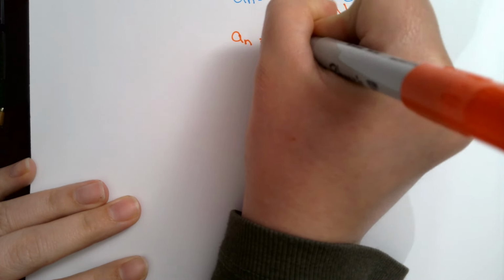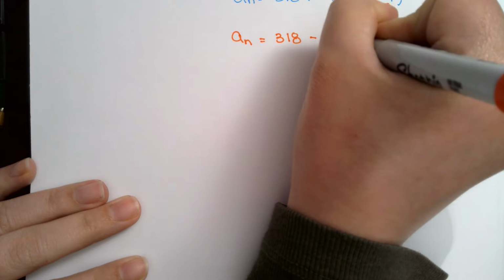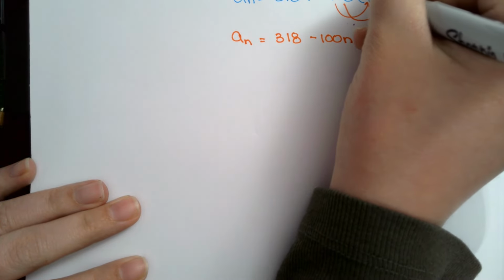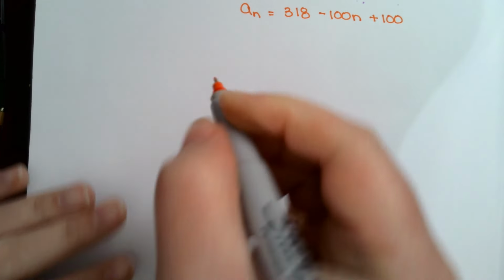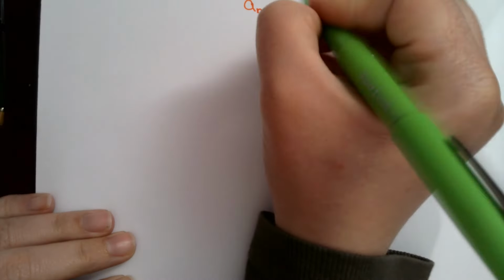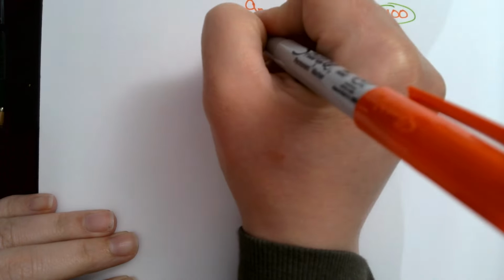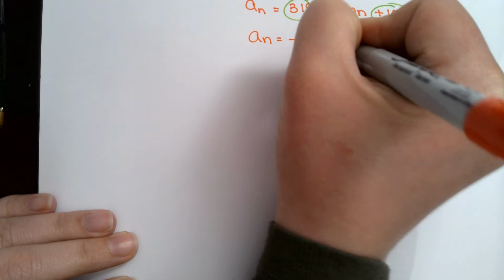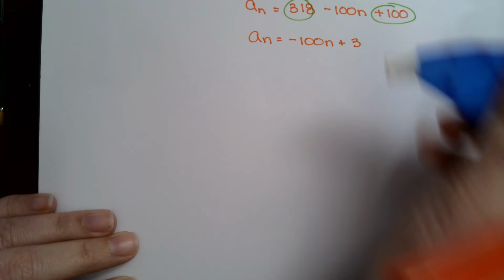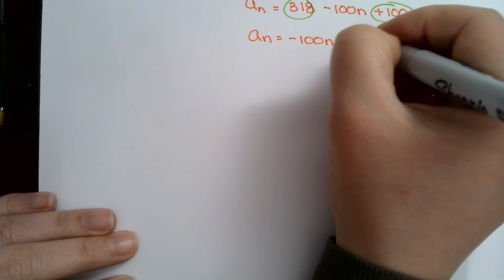So 318 negative times n is negative 100n. Negative times a negative is a positive, so we do positive 100. Simplify, there's always going to be an arithmetic combining of like terms. So let's put those together to have negative 100n, positive 3. Just kidding, we are adding 100 to 318 to get positive 418.